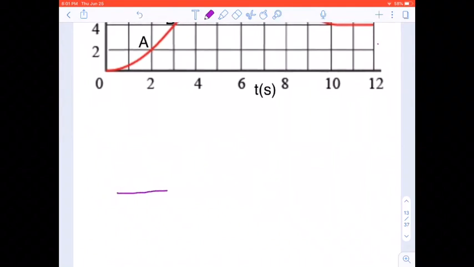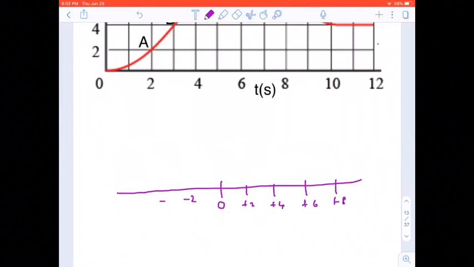So there we have that, which means we have 0, plus 2, plus 4, plus 6, and plus 8. And it's minus 2, minus 4, minus 6, minus 8 on the other side of the coordinate line. Alright, that's your origin.